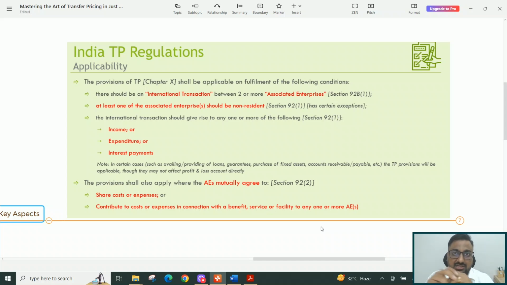So if there is a sharing of expenditure between two related parties, that is also covered under section 92. Or if both parties are contributing to create something, or providing services by making contributions from their own ends, that contribution and sharing of costs and expenses are also covered under transfer pricing provisions.